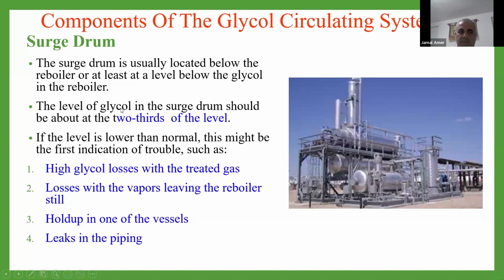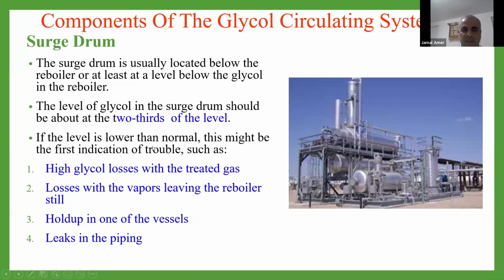Surge drum. The surge drum is usually located below the reboiler. The level of the glycol in the surge drum should be about two-thirds. If the level is lower than normal, this might be the first indication of trouble.